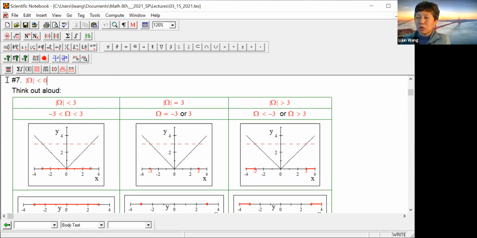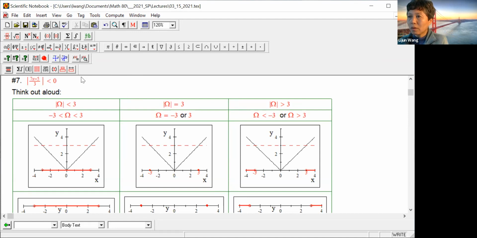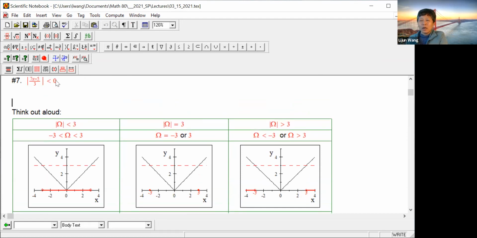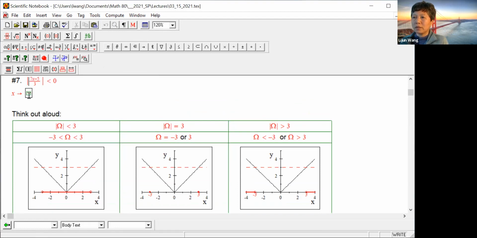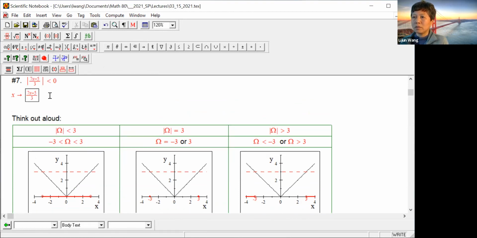So let me show you the process. If you really want to see that it's a fraction and so on, think of it this way. This number is the input. It comes here and gives you an output. It's a number.